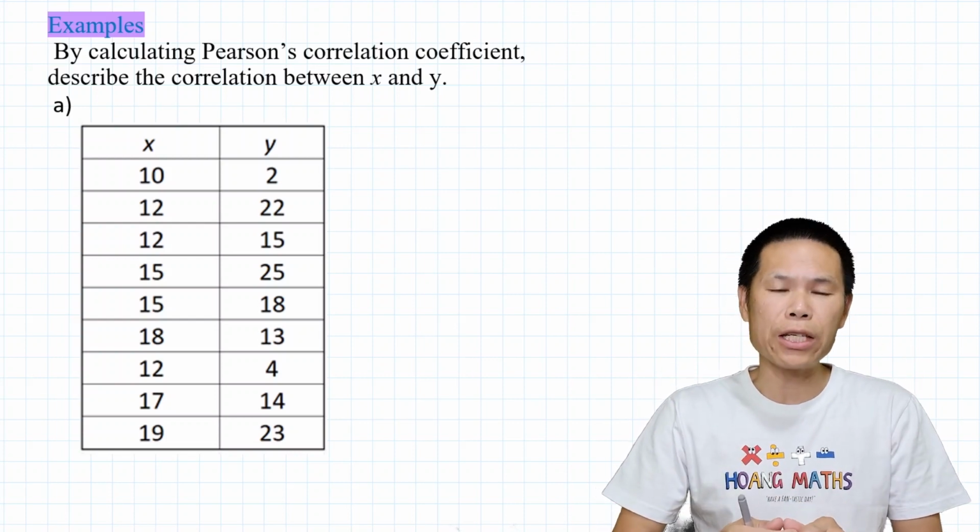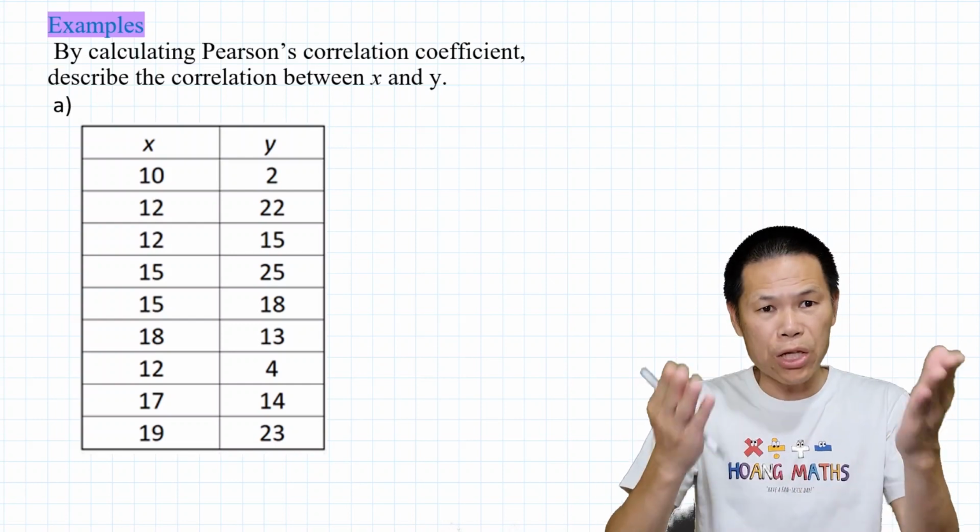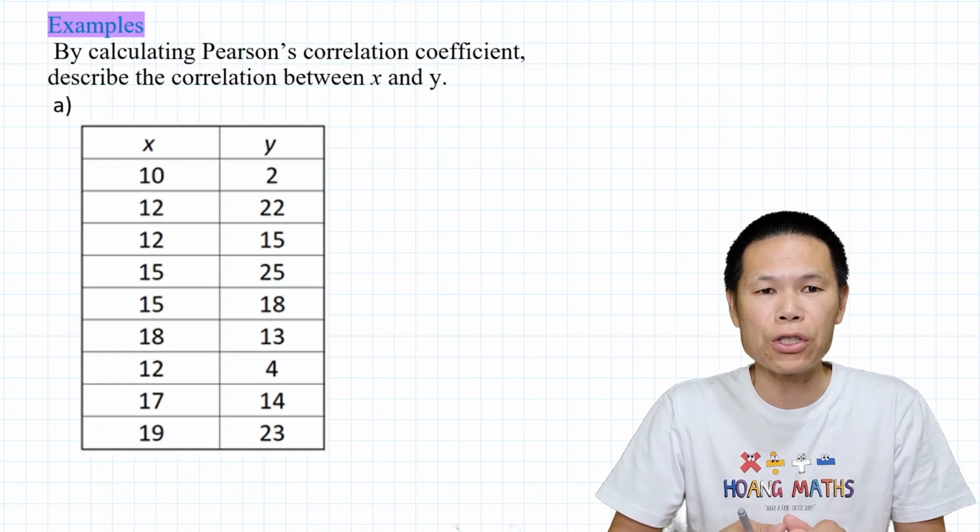Before we do that, of course, we need to understand the associations of Pearson's correlation coefficient first.